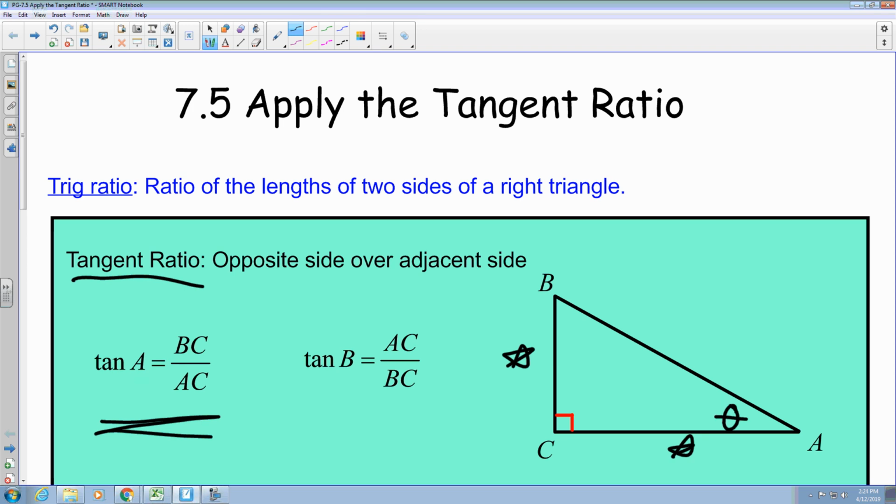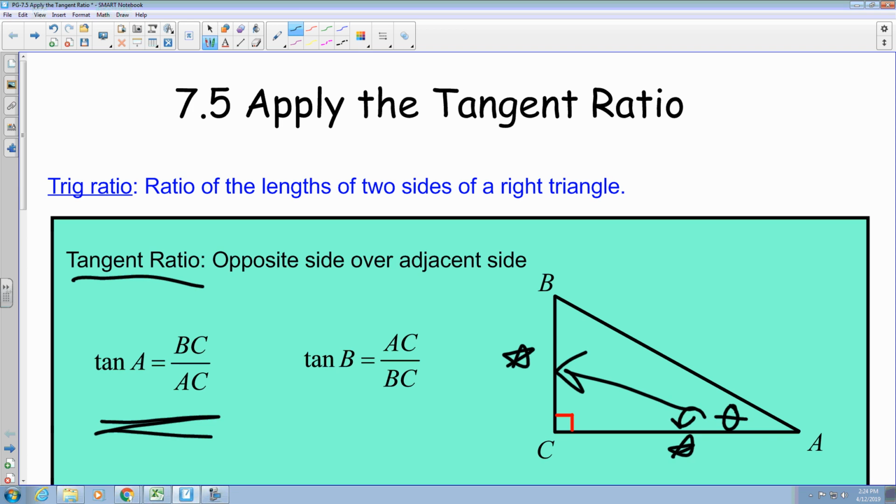That's what they represent angles by, Greek names. So if I have theta here, part of angle A, it's going to equal the opposite side, BC, divided by the adjacent side, which is AC.